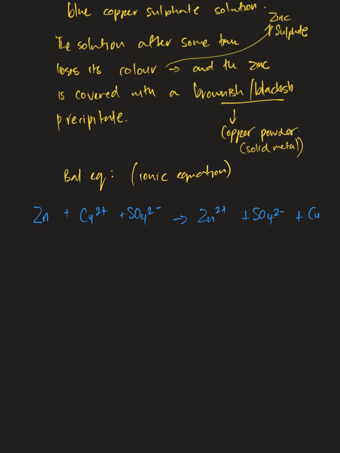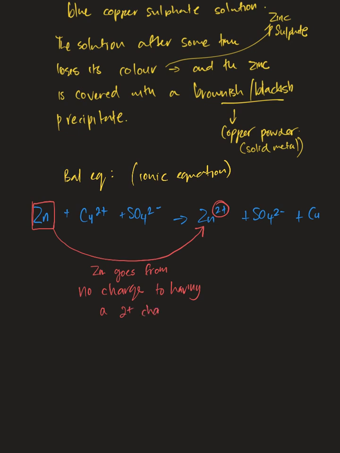Right. So if I look at this situation here, let's look at the zinc. If I look at the charge here, it has no charge. But when it became a product, it has a charge of 2 plus. So the zinc goes from no charge to having a 2 plus charge. So how does it go from being neutral to having 2 plus?